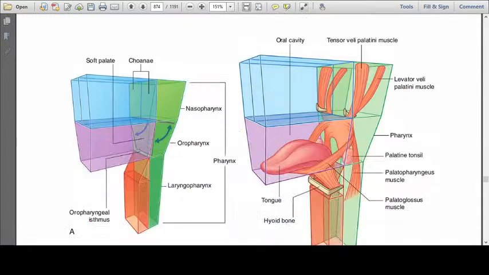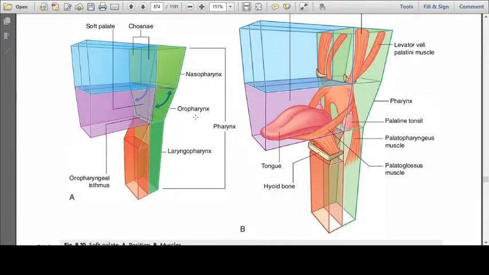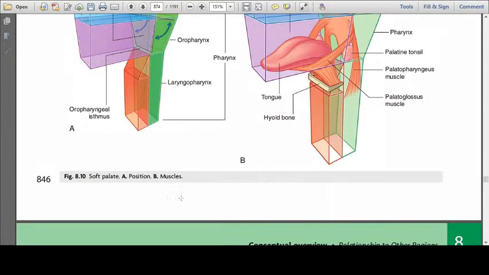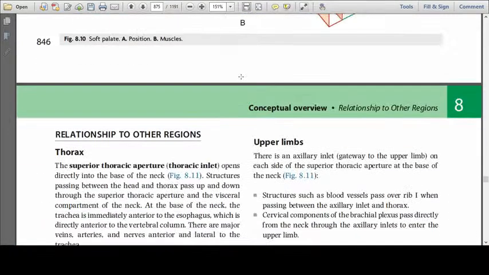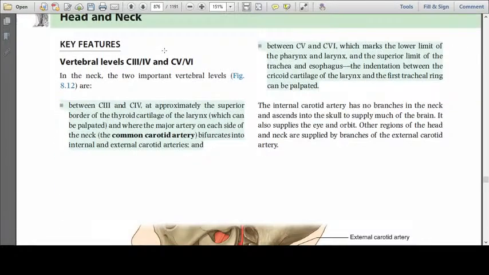And this is again the conceptual diagram of the soft palate, and the relationship to other organs, head and neck. Vertebral key features, vertebral level of C, CVI, cervical vertebra 3 to cervical.